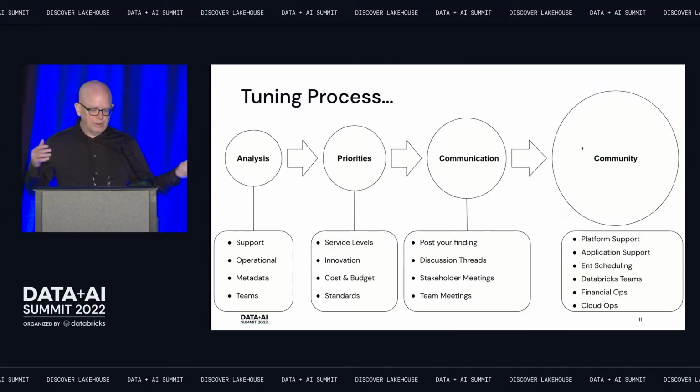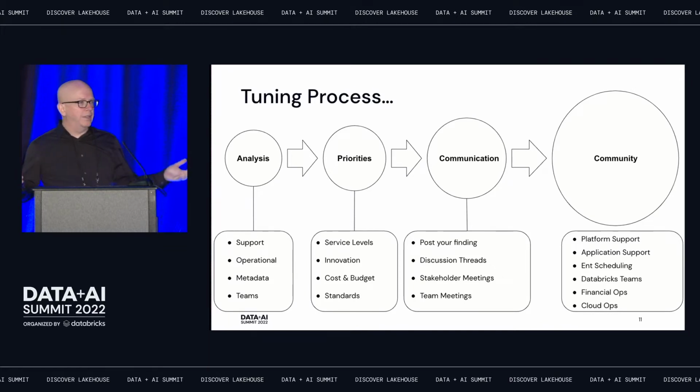So the tuning process. First off, there's the analysis phase. What's going on, but what's going on as a whole. You look at your support channels, your emails, your snow tickets. You look at your operational logs. Are your jobs failing? Are they getting longer and longer?